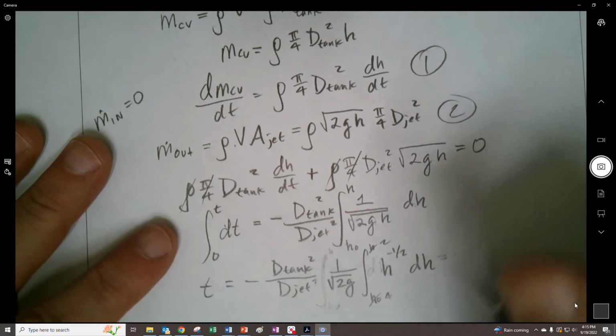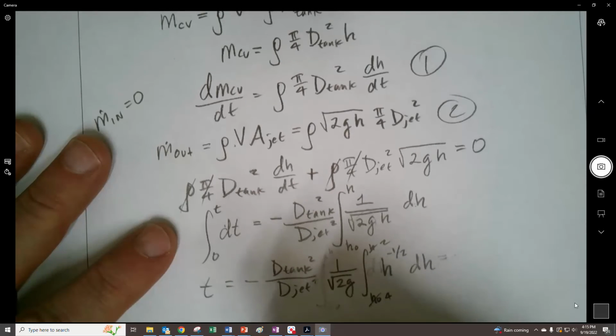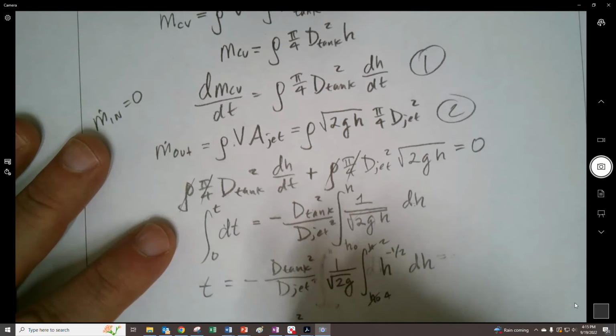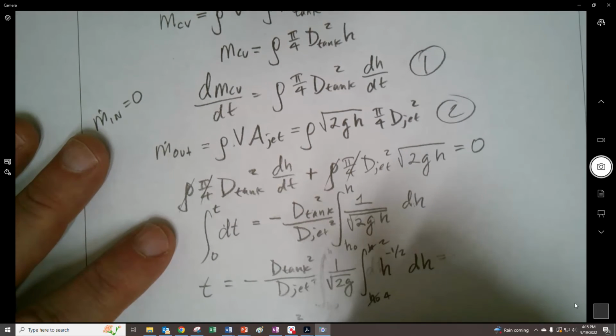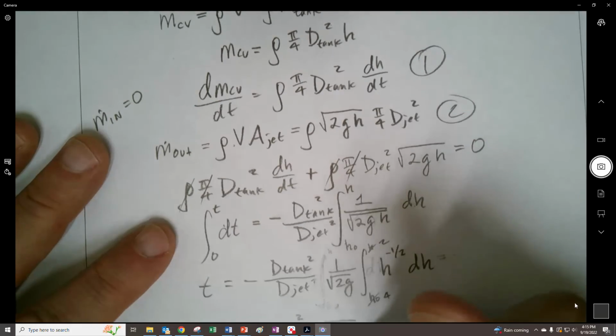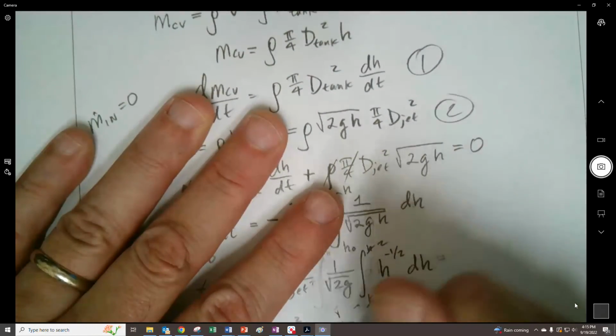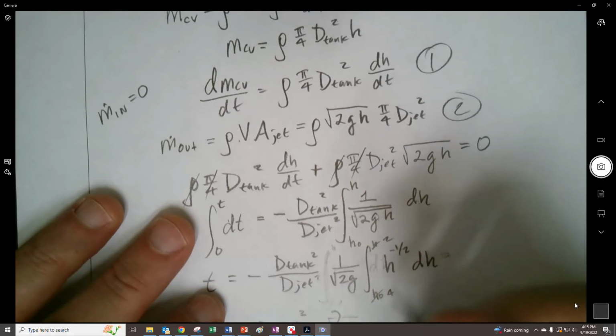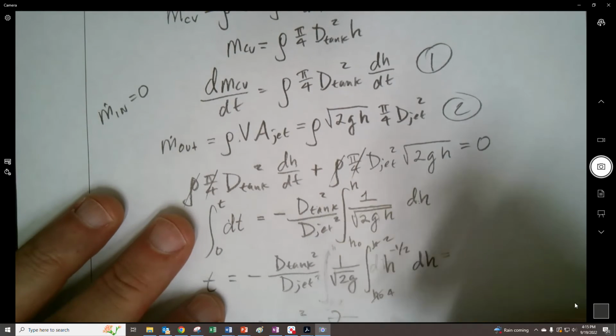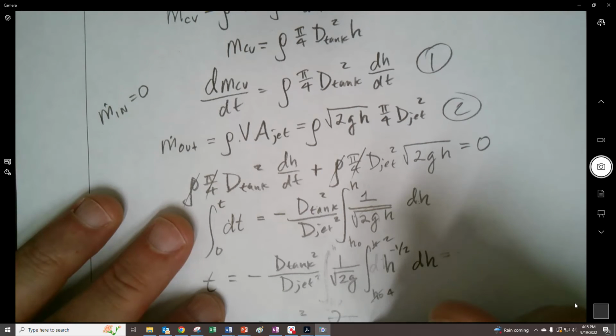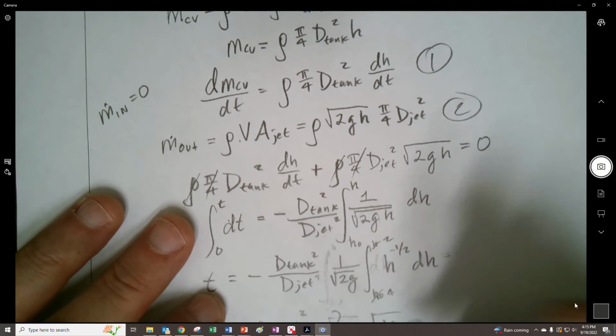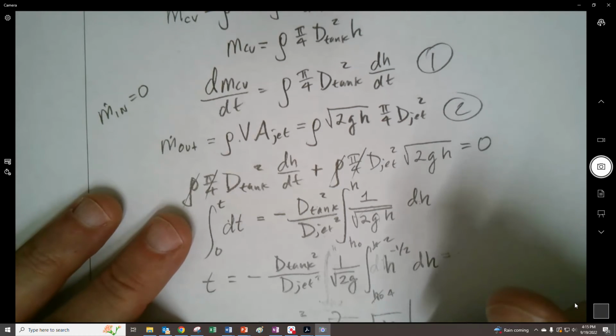So what I have here is d tank squared over d jet squared, and then 2 divided by the square root of 2g times the square root of h from 4 to 2, right?